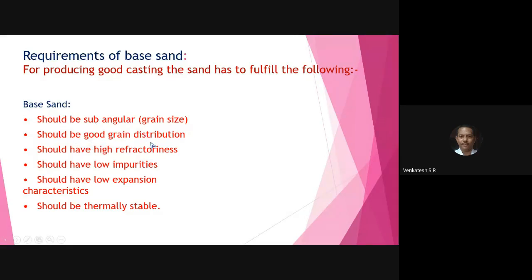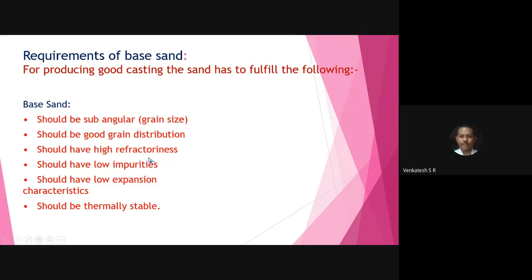And good grain distribution. Suppose if you consider the number of grains present in 1 square inch, grain distribution is also very, very important. Next, high refractoriness. That is, usually the casting process is carried out at the high temperature at 600 degrees centigrade or even at 1350 degrees centigrade.